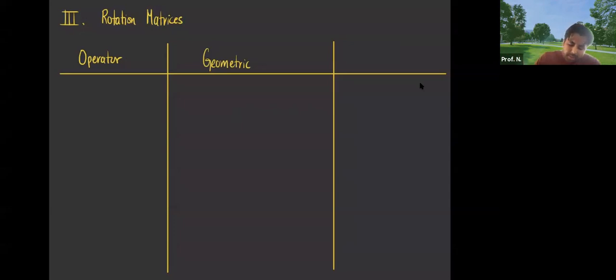Now, in this particular realm, we're going to be rotating vectors around an axis. So the first of its kind is a rotation about the x-axis.